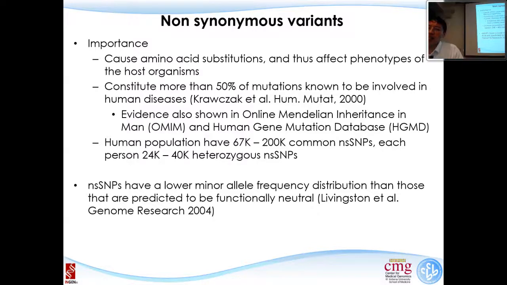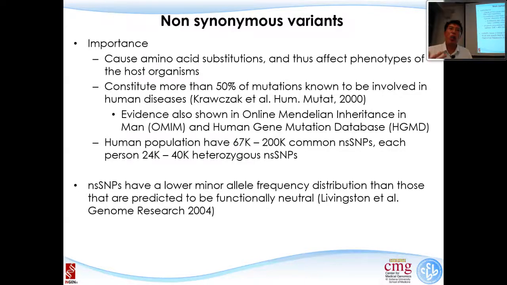And there's another important factor: non-synonymous SNPs tend to have a lower minor allele frequency distribution than those predicted to be functionally neutral. What that means is, in the general population, non-synonymous SNPs occur less frequently compared to other types of SNPs because they are functionally important.